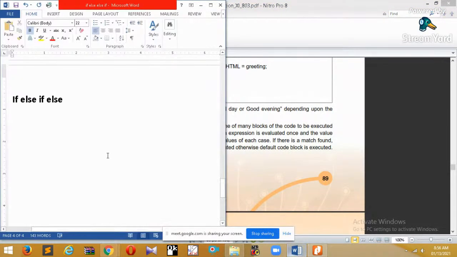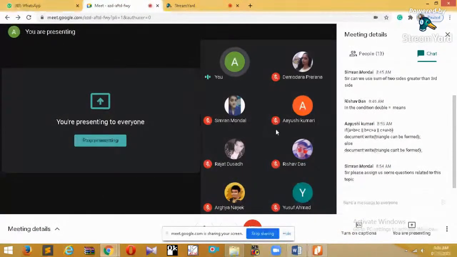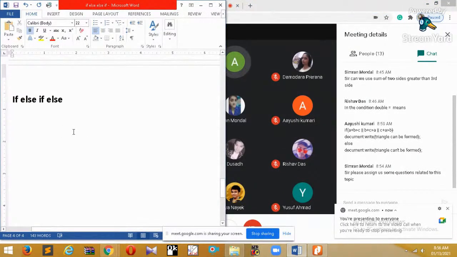So let me explain first. Till now, we have done two types of conditions. One is simply based on only if, and another one is if else. So basically, what is the difference between if and if else?